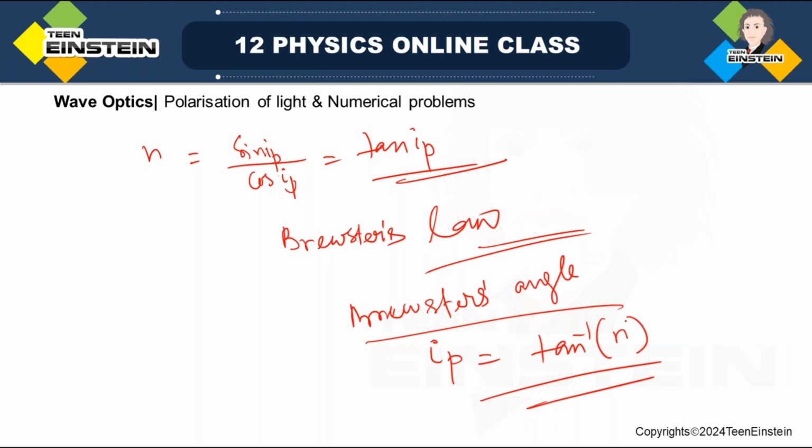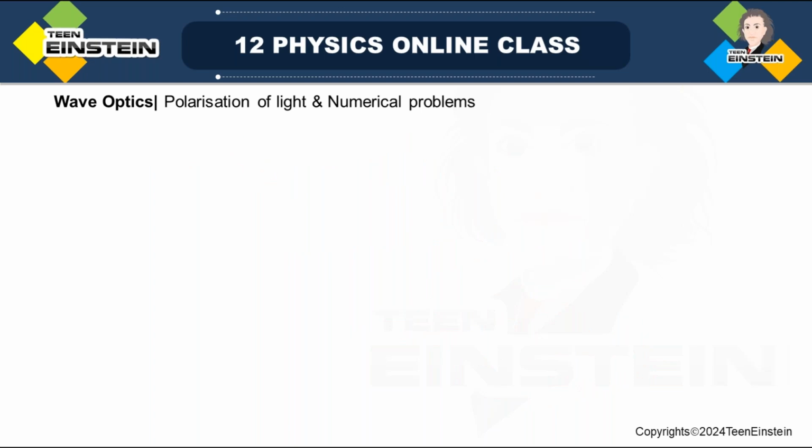Now we'll try to discuss a few numerical problems on this polarization part. Not only numerical, we'll take some analytical questions as well. I'll write a few questions back to back.